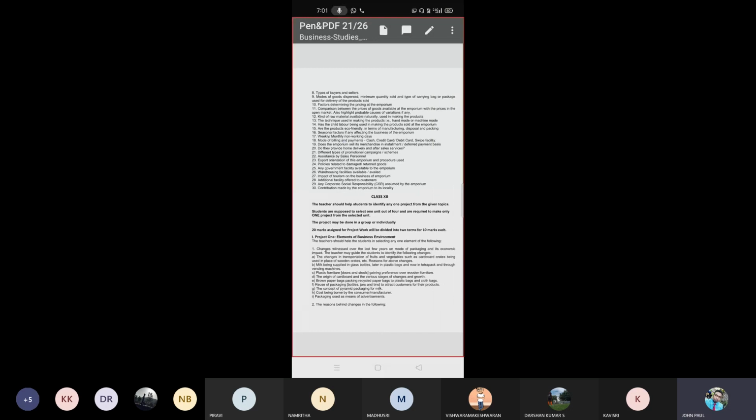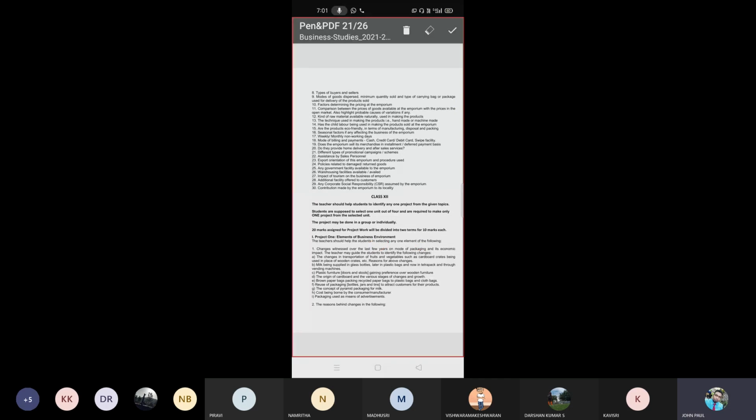So for business environment, what are the things we need to do? They have given it here, look. Changes witnessed over the last few years in mode of packing and packaging and its economic impact. A teacher may guide the student to identify the following changes.